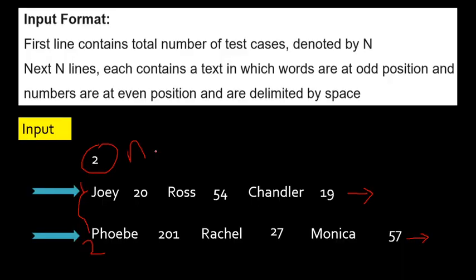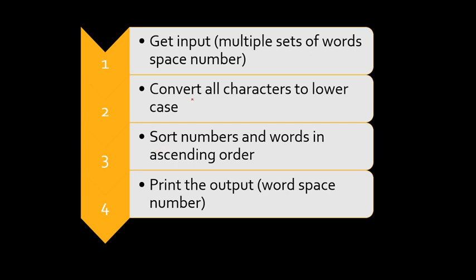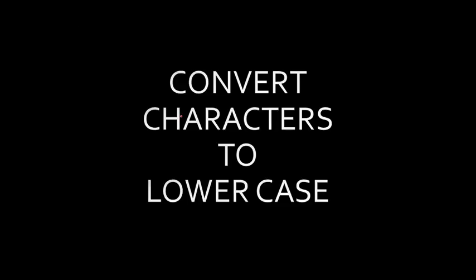Okay. So what is the next step? After scanning the input, the next step is to convert all characters to lowercase. To convert characters to lowercase, there is an inbuilt function. What is that inbuilt function? strlwr, right? But whenever we program, it is better to avoid using inbuilt functions, because in some examinations they will not allow you to use string.h, math.h.